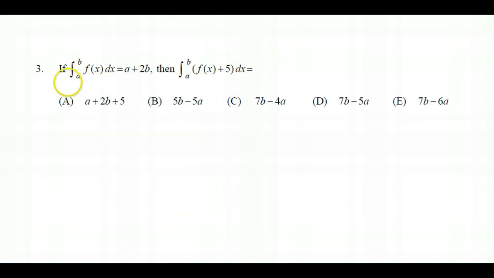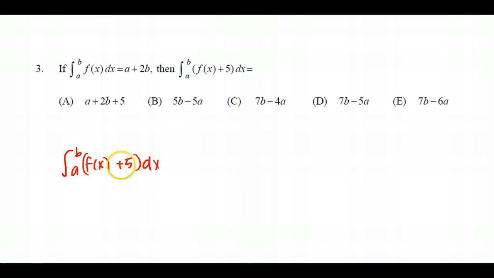Alright, let's take another look at an AP question. If the integral from a to b of f of x dx equals a plus 2b, then the integral from a to b of f of x plus 5 dx must be what? So here's what we're trying to find: the integral from a to b of f of x plus 5 dx.